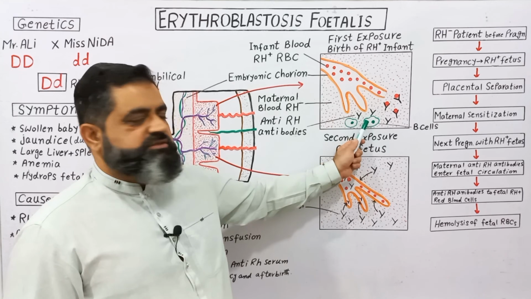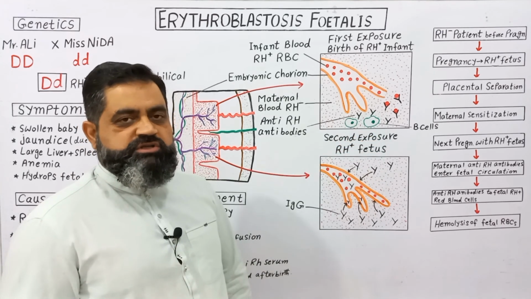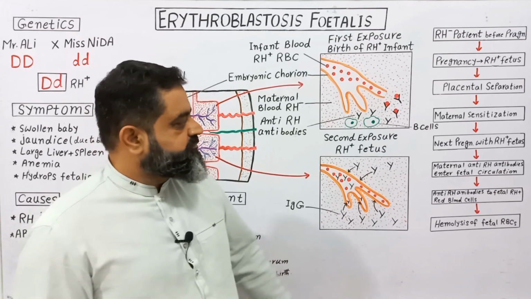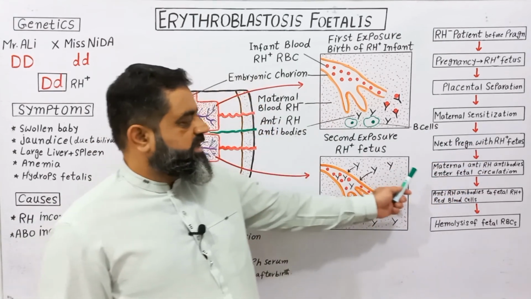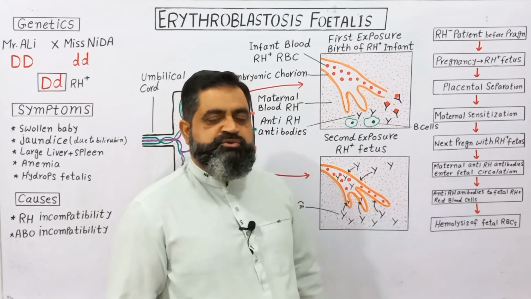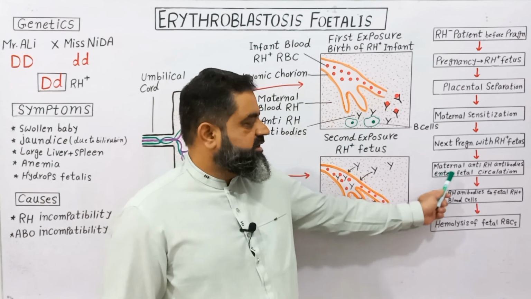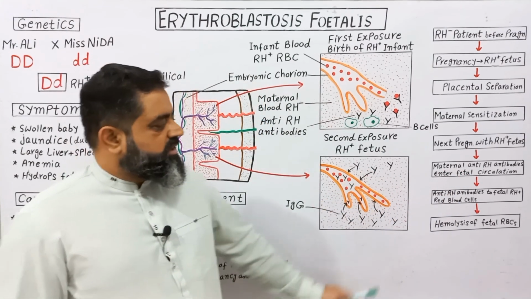As a result, white blood cells of the mother produce a large amount of IgG antibodies against those antigens. In the next pregnancy with an Rh positive fetus, the maternal anti-Rh antibodies which were produced during the first pregnancy enter fetal circulation by diffusion through capillaries.